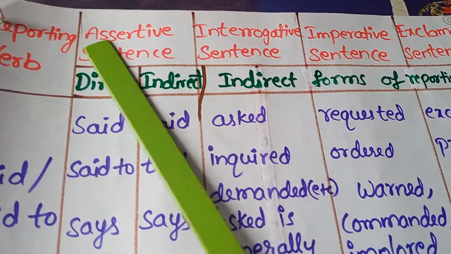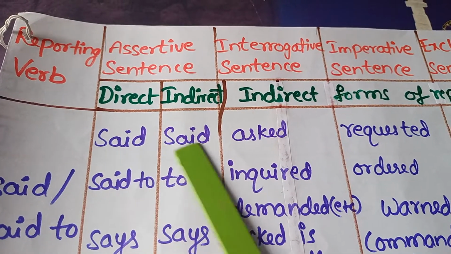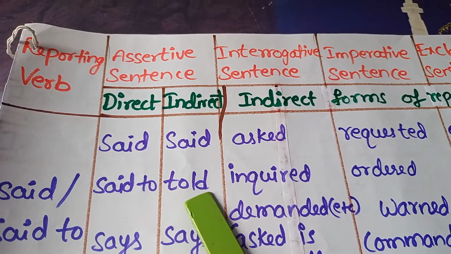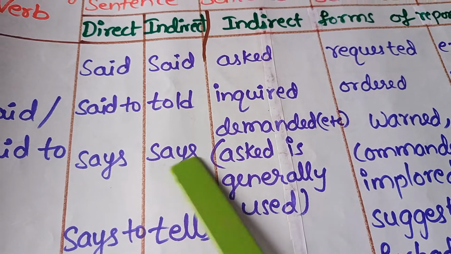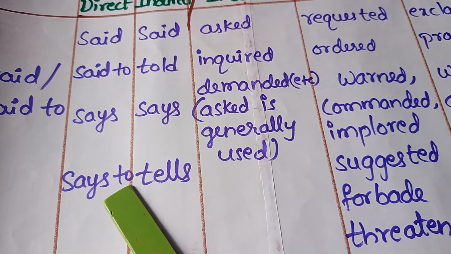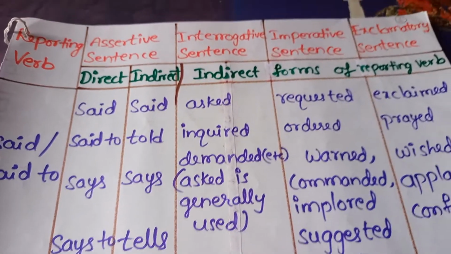See here, in assertive sentences, said becomes said only, said to becomes told, says becomes says only, says to becomes tells.